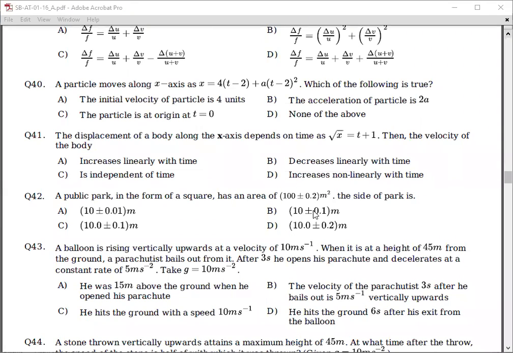Then we will take the error using significant figures. So the answer would be what? Tell me. A. 42 is A. Yes or no?